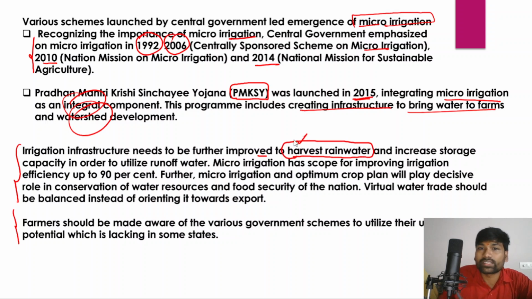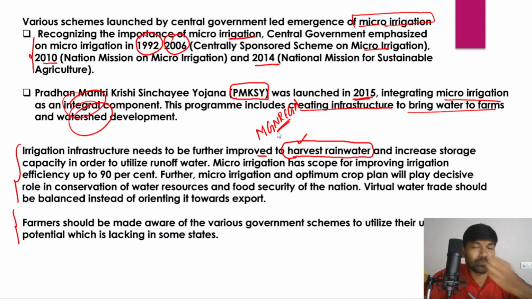We need to harvest the rainwater, and the water management techniques are also very important here. Those water management techniques will help recharge the underground water tables as well. And works like Mahatma Gandhi National Rural Employment Guarantee Act can also help undertake certain works which would help recharge the groundwater tables as well.